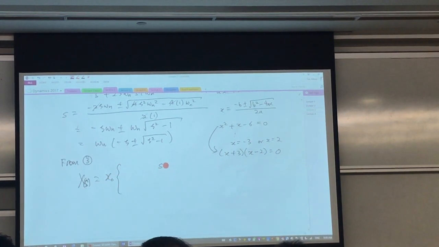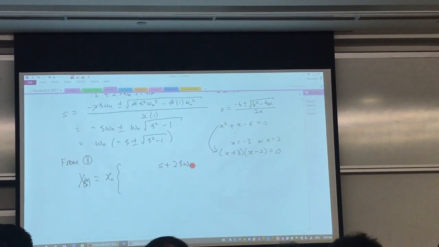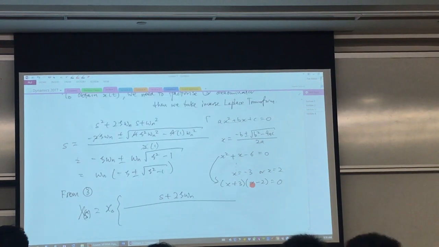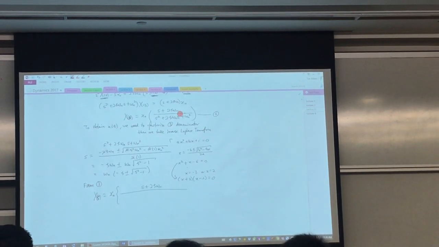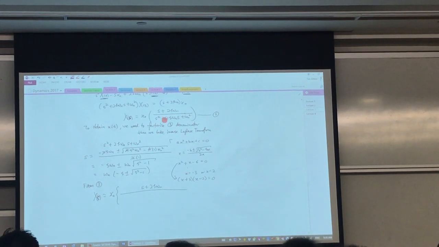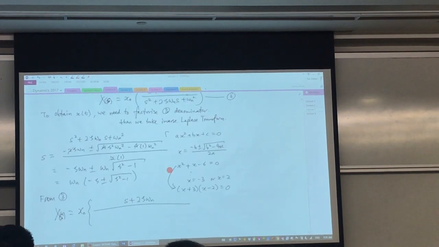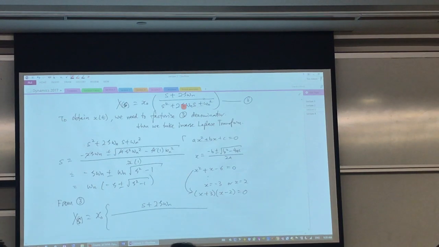The numerator 2 plus 2 zeta omega n is going to be there, if you refer back to your equation 3. Equation 3 is here, so I'm just rewriting this. But this part I have already factorized.